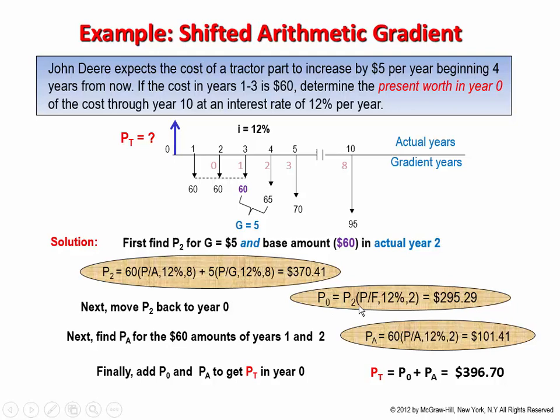So here, in this bubble, you can see where it's saying P/A. That's just picking up these last 2 60s that weren't included with the first step here, where it was 8 years of the P/A and the gradient, moving that to 0, which is actually year 2.